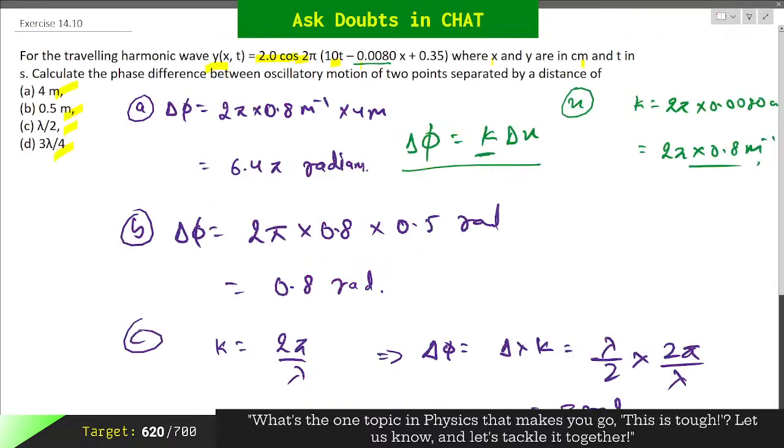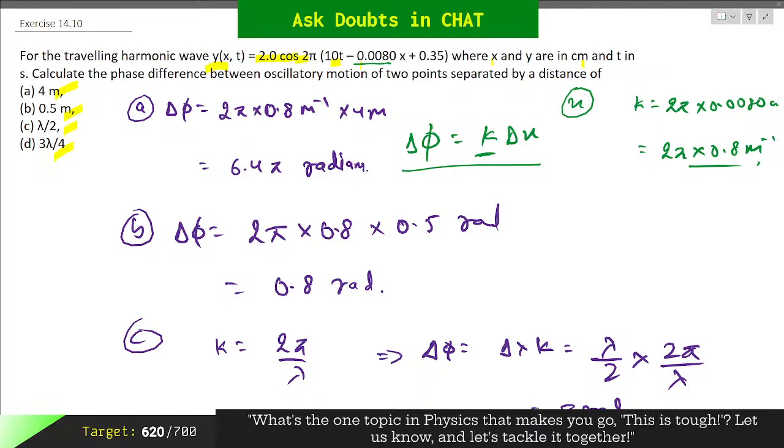So for a traveling harmonic wave y(x,t) = 2 cos 2π(10t − 0.0080x + 0.35), where x and y are in centimeter and t is in seconds, calculate the phase difference between oscillatory motion of the 2 points separated by a distance. We have to find out the phase difference with the given distance.